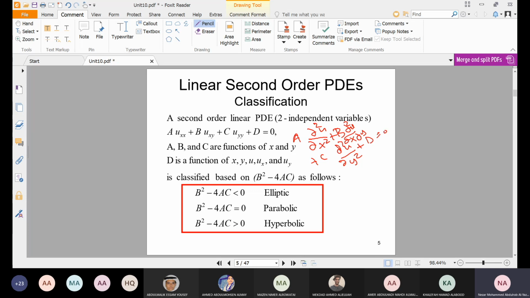So by knowing these constants a, b, c, and d, we can determine the class of the PDE, whether it is elliptic, parabolic, or hyperbolic. Okay, so if the discriminant is negative, this is elliptic, like Laplace. If it is equal to 0, this is parabolic. If it is greater than 0, in this case this is the hyperbolic type.